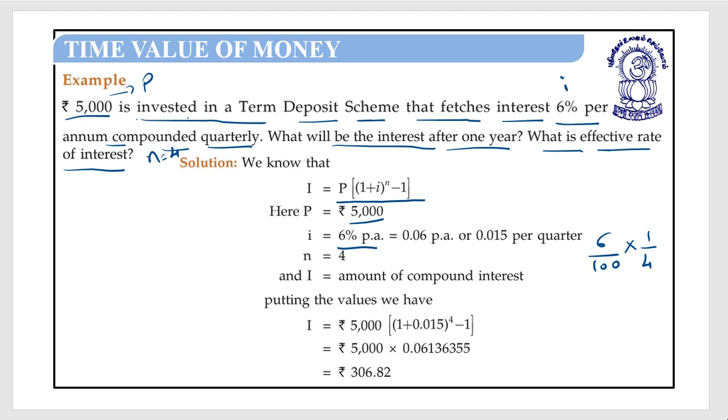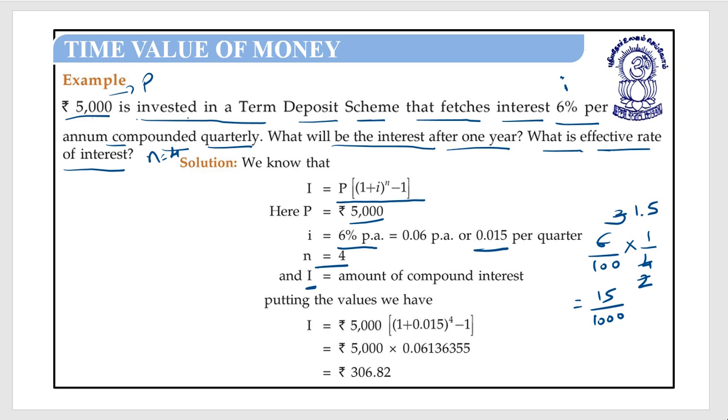So 2 3s are 6, 2 2s are 4, 2 1s are 2, so it is 15 by 1000. So it becomes 0.015 per quarter. n is equal to 4.